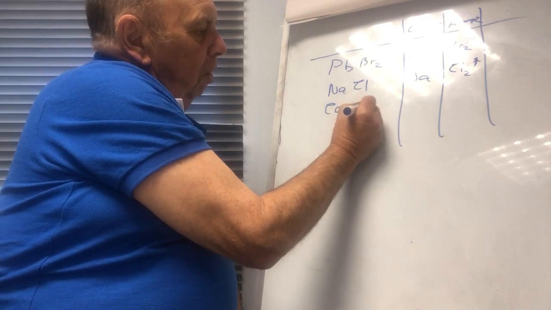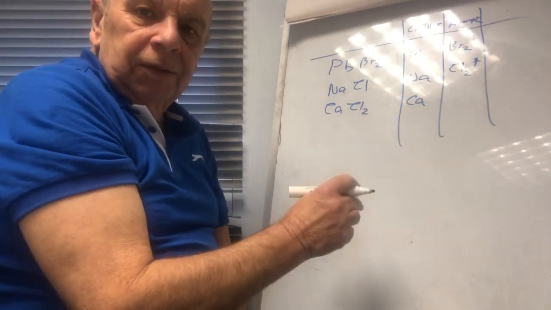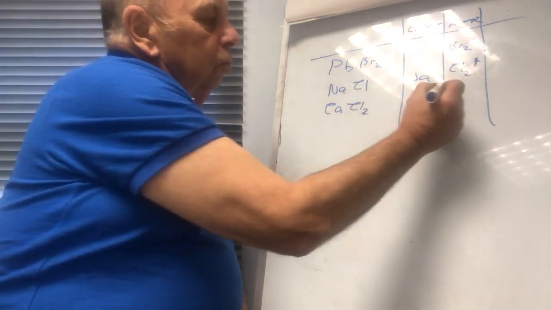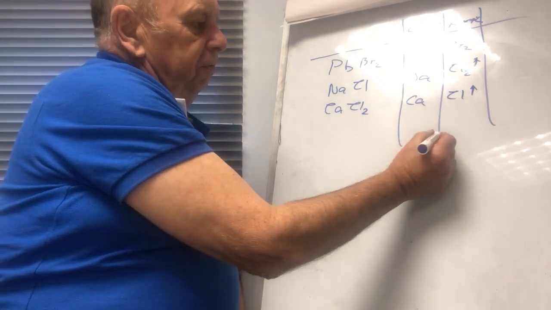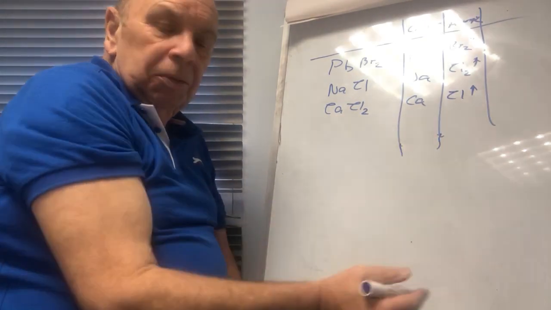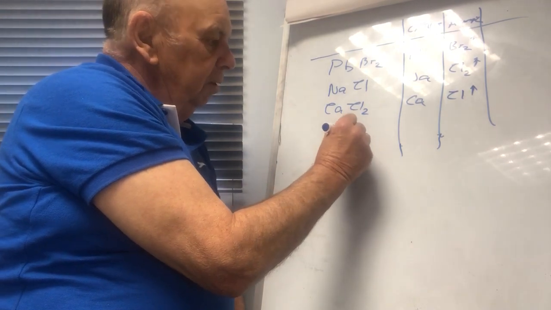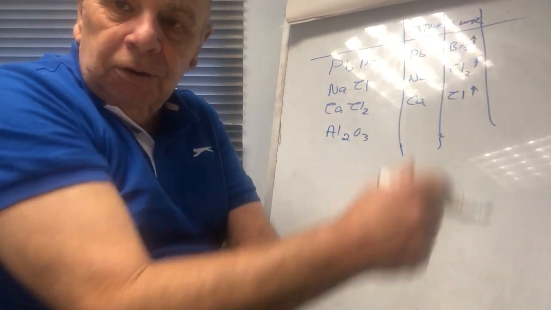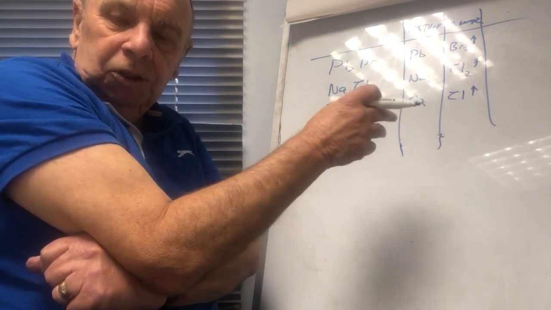Calcium chloride, calcium deposited at the cathode, and chlorine gas comes off at the anode. And the final one, I said aluminium, Al2O3. By the way, that's the naturally occurring ore of aluminium, bauxite.